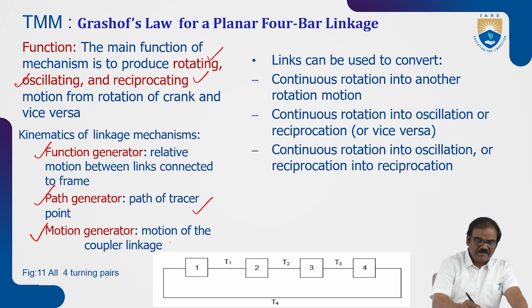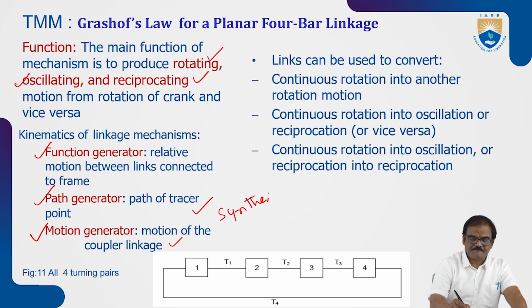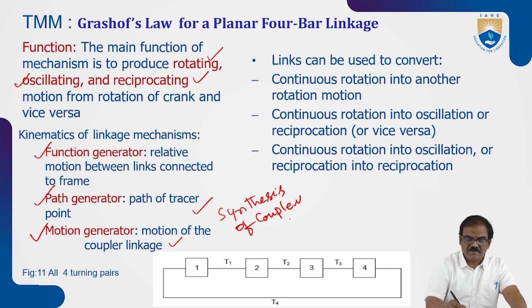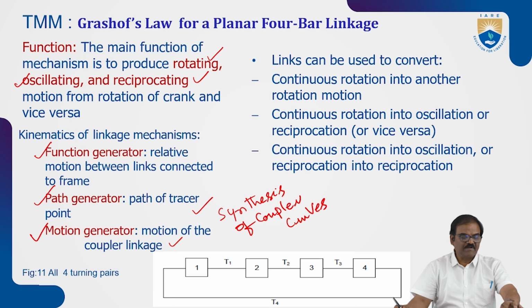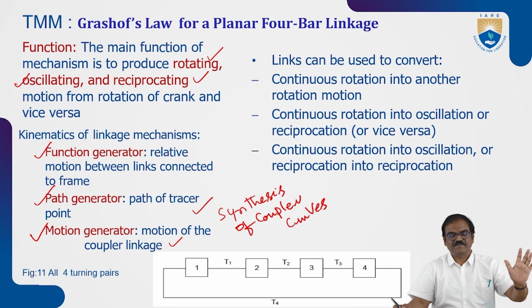So in the advanced study, synthesis of the coupler links also will come across. Synthesis of coupler curves. When you deal with the synthesis of coupler curves, you have to understand function generation, path generation, motion generation.